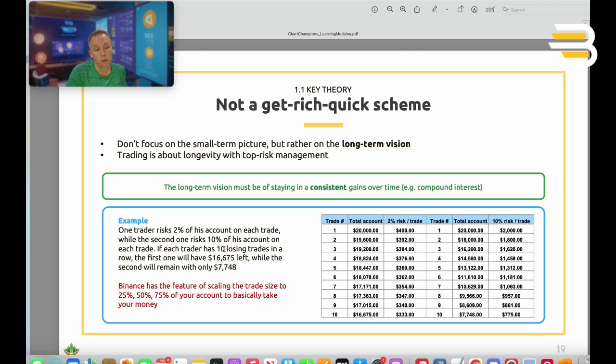Let's say one trader risks 2% of his account on each trade, while the second one risks 10% of his account on each trade. If each trader has 10 losing trades in a row, the first one will have 16,675 left, while the second will only have 7,700 left.